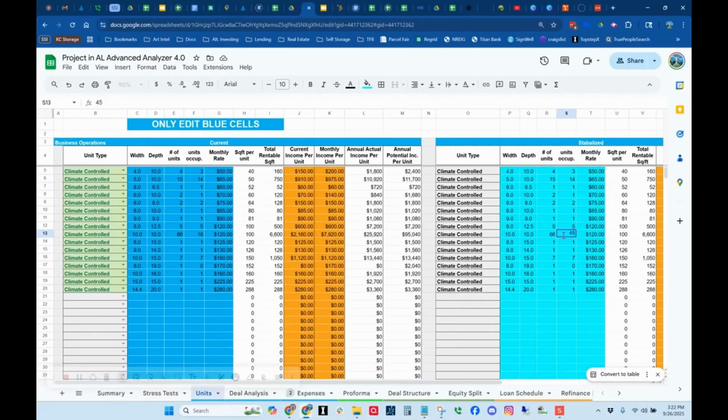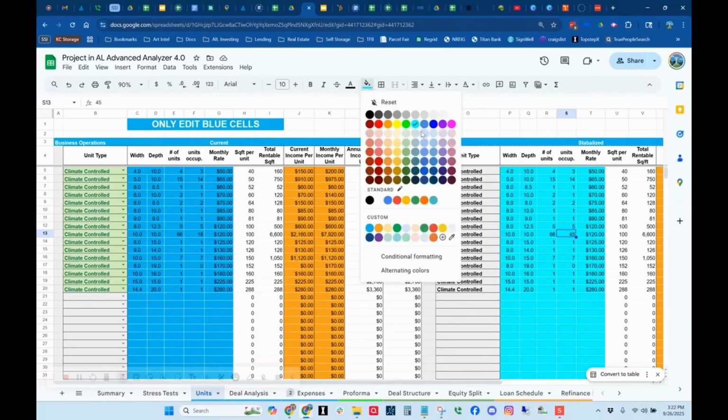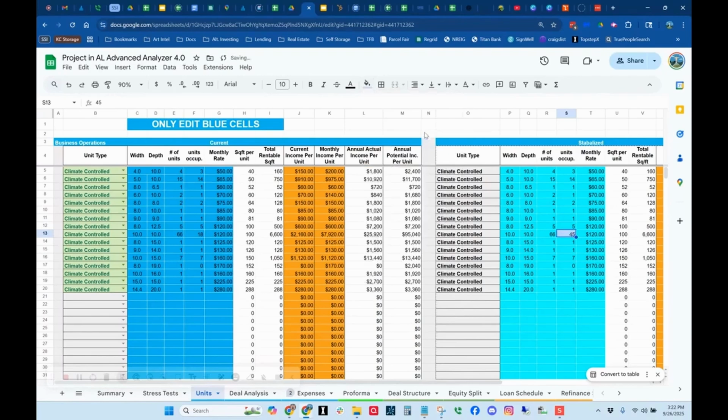I bump it to like 45, and then to let people know that I changed it, I changed the color. I just go diagonal to the check mark and change the color there. So that will tell people that has been changed.